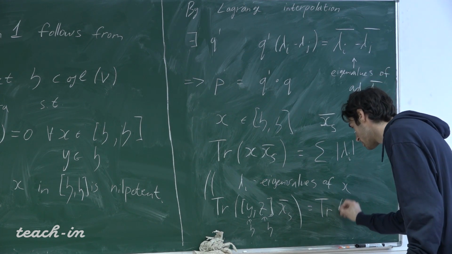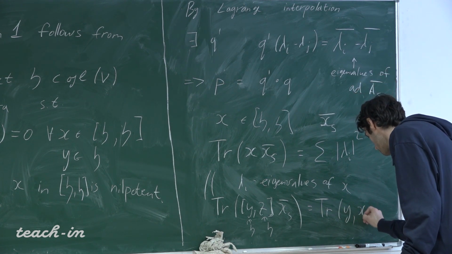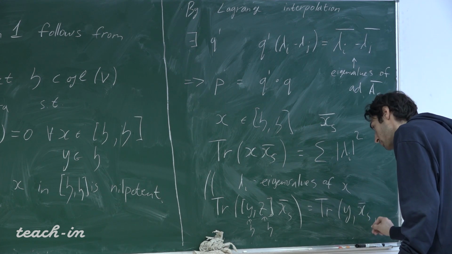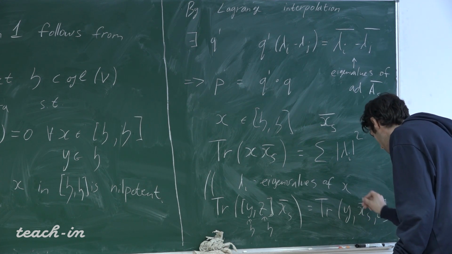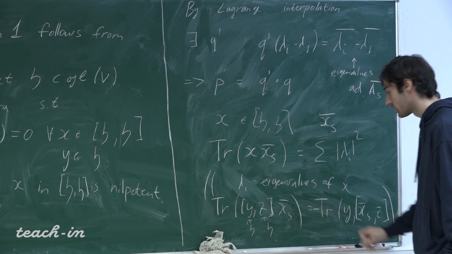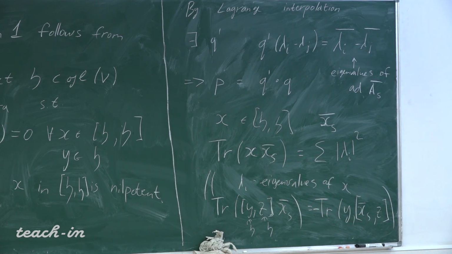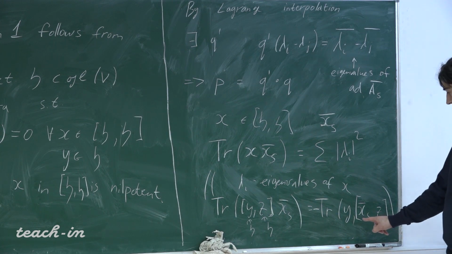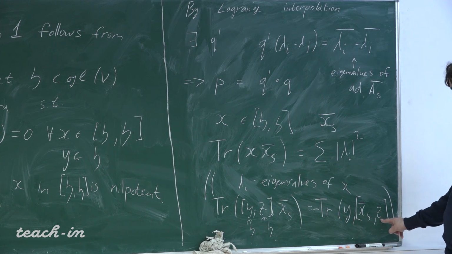So it is trace of Y and commutator of X S with Z. And maybe I need to put minus sign here. This is an invariance of the trace form.